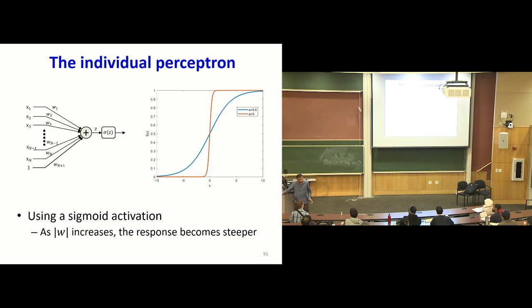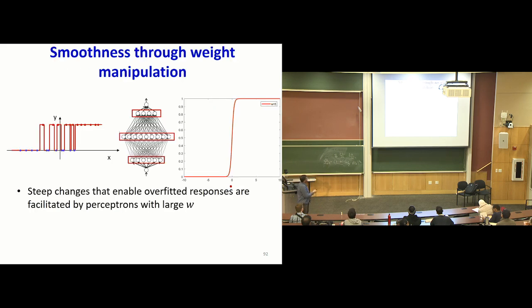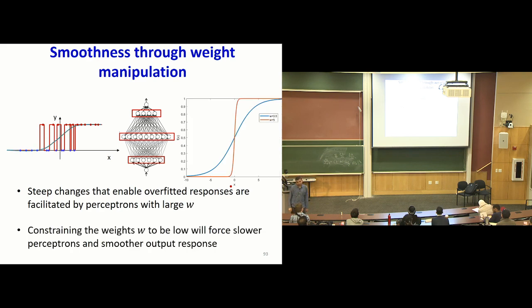The region in which it's kind of linear shrinks. If the weights become infinity, this is going to become a step function. If I don't impose any restrictions on the weights, then every neuron is fully capable of learning steep functions of this kind, and eventually you can end up learning this function. Whereas what you want is that smooth guy, right?